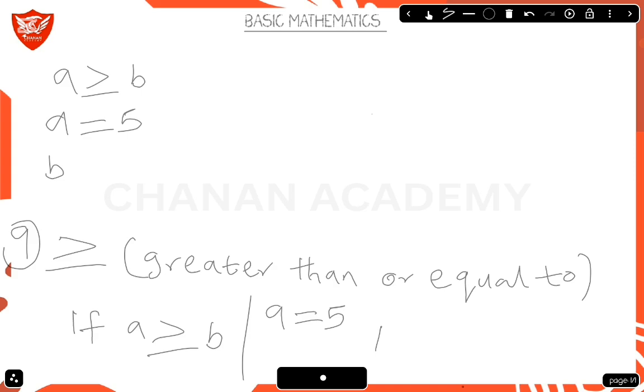Now, in the previous one, when I say A is greater than B and A is equal to 5, take note, this is A is strictly greater than B. That's the one I circled.